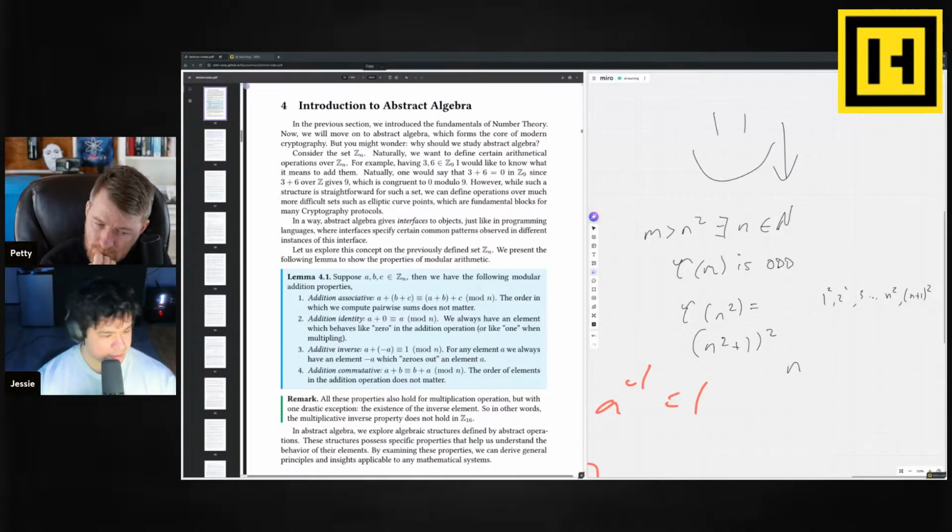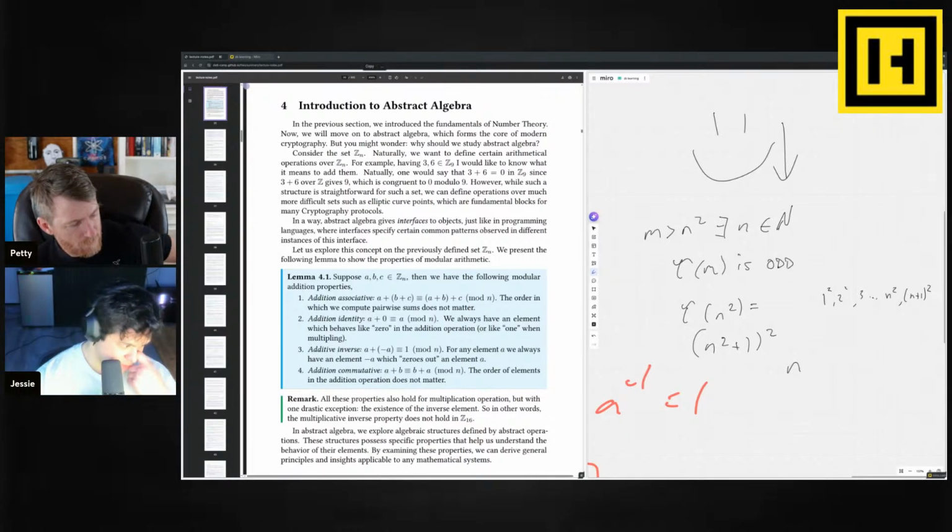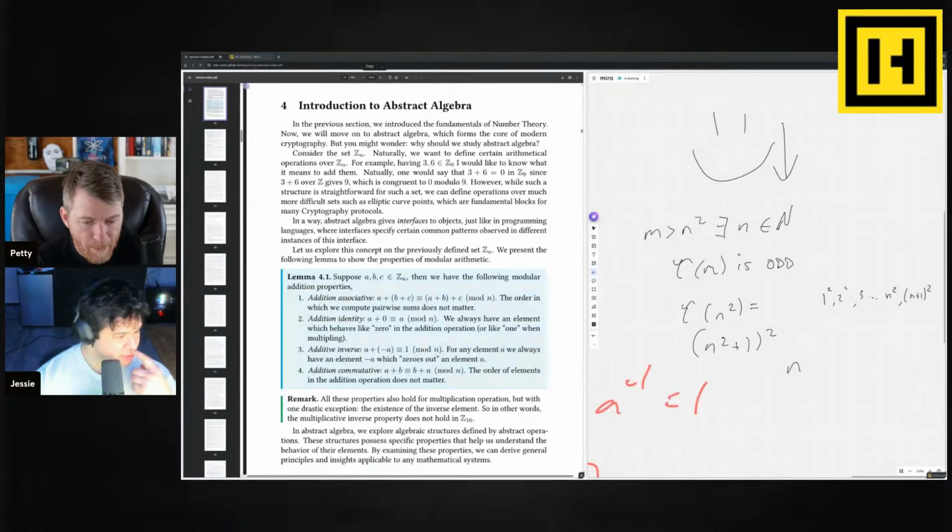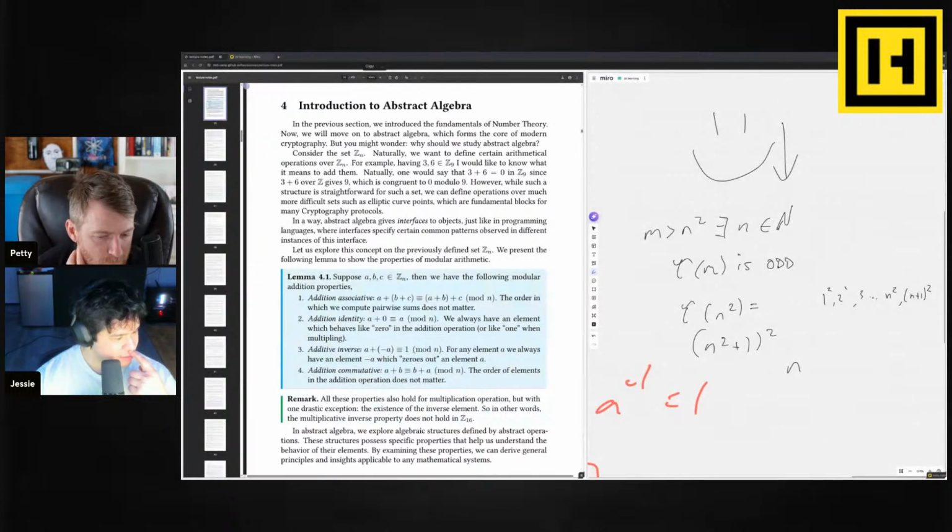Naturally, we want to define certain arithmetic operations over Z. Why arithmetical? Is that even a word? It's just arithmetic. Wait, no, Z is the integer set. So, the integer set Z sub n, for example, having 3 and 6 belong to the subset of integer set Z sub 9.